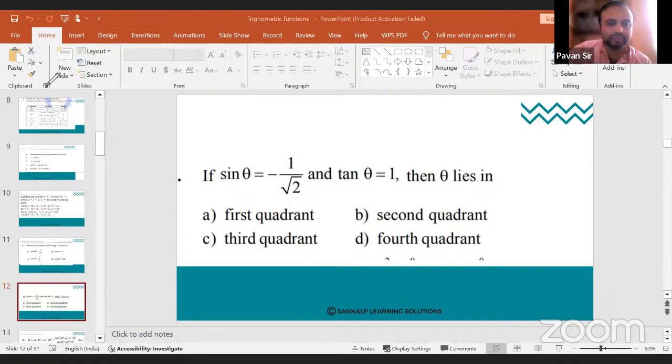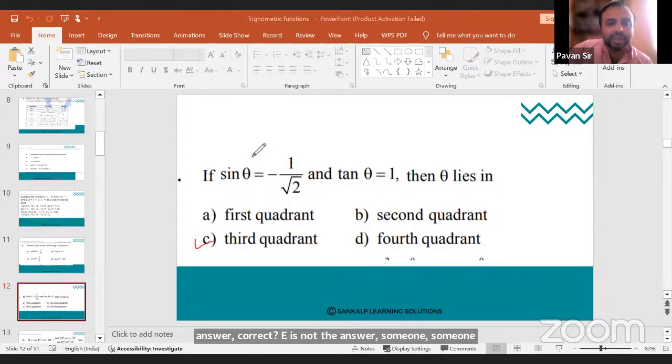Which quadrant? Yes, absolutely, correct. So what is the answer for this? It is obviously C. A is not the answer. One student has given A as the answer. So sorry, it is C as the answer.